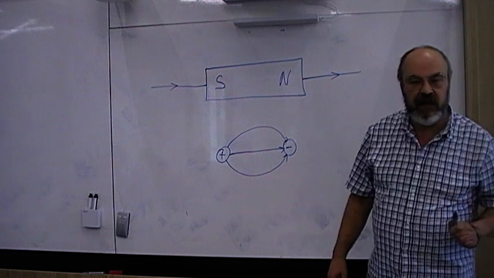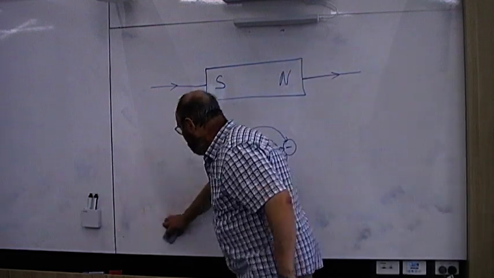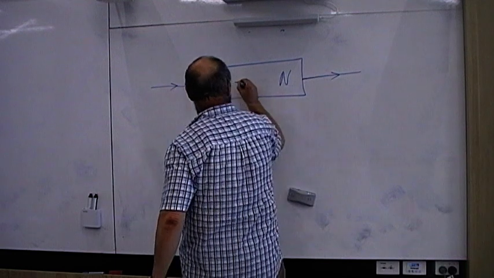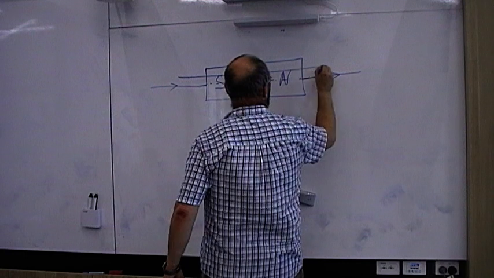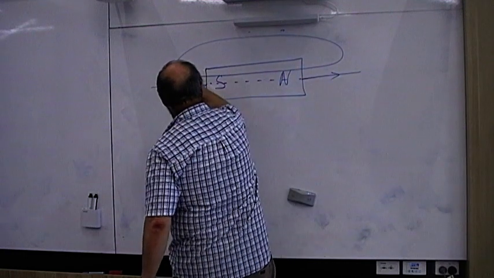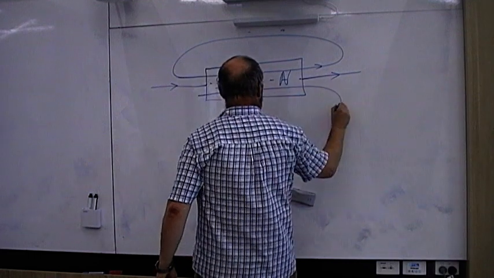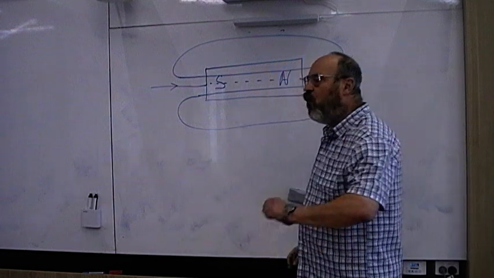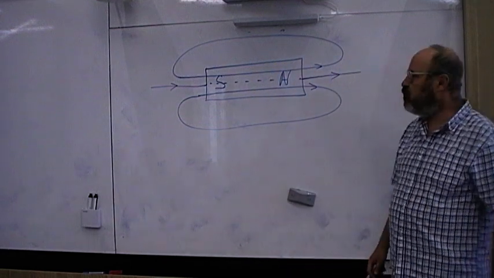Lines of magnetic field, they always close. They never have beginning or end. They're going through the magnet. And if you draw another line, it always must be closed, going through the magnet. Lines of magnetic field always close. They don't have beginning, don't have end.